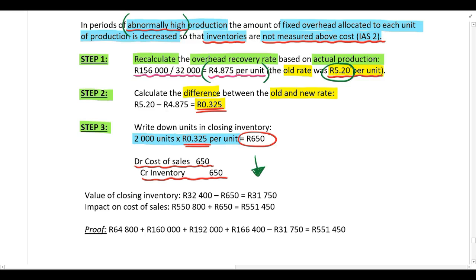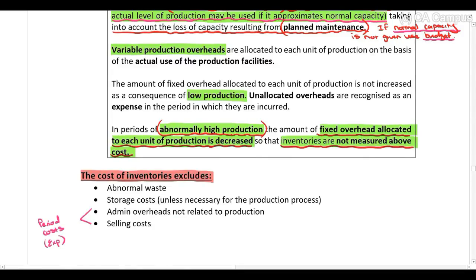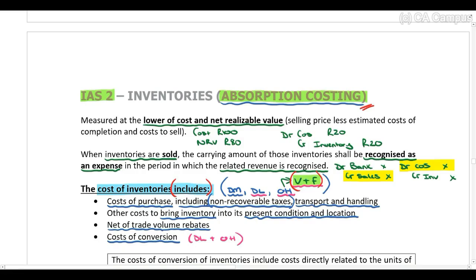So what impact will this have on my closing inventory? That is your closing inventory as per your absorption costing statement. Remember, this will only affect our absorption costing statement because this has to do with our fixed overheads. Please remember all of this information relates to IAS 2, which means we are using absorption costing.